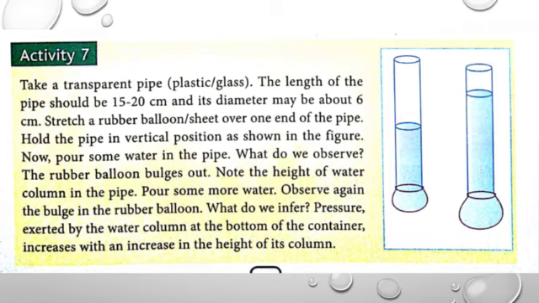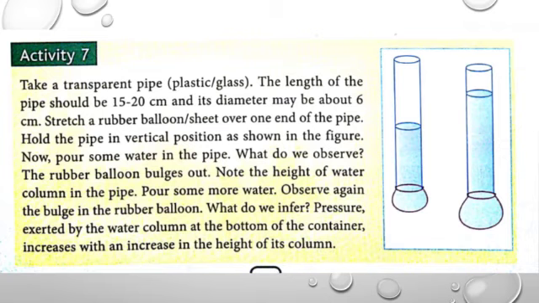Now we put more water in the second tube, and then we observe that there is an increase in the bulge of the rubber balloon in the second case. Why is it so? It is because of the increase in the height of the water column of the second tube.